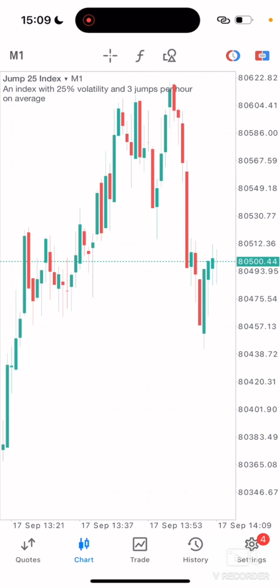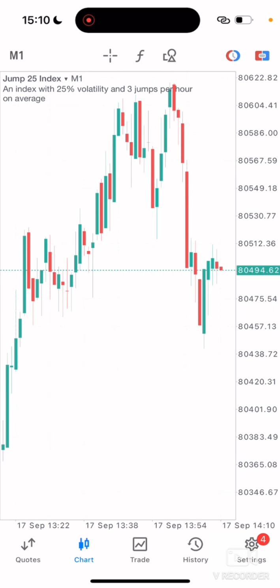But if the trade should go south, you are likely to lose a lot of money. And I won't advise newbies to trade these pairs because you can lose the whole capital you have funded.